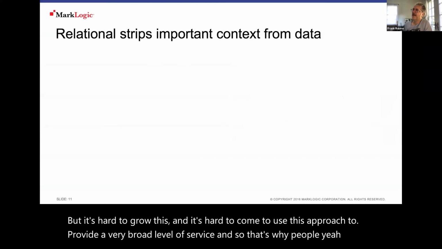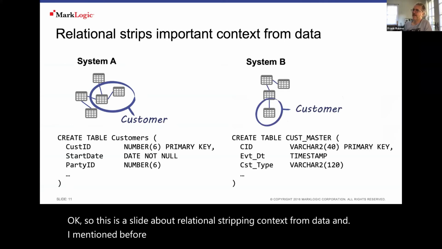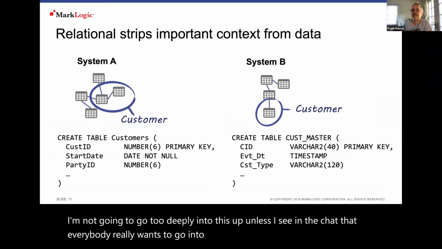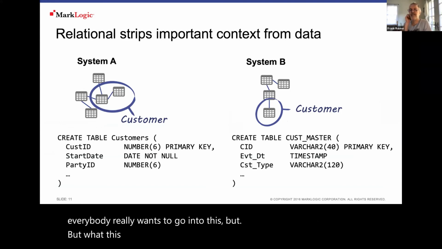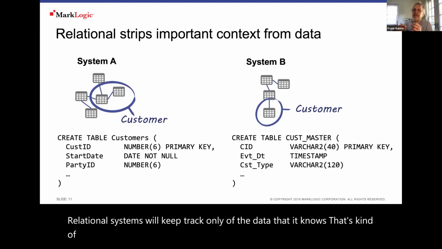Okay, so this is a slide about relational stripping context from data. And I mentioned before that the sales order was made up of these tables. I'm not going to go too deeply into this unless I see in the chat that everybody really wants to. But relational systems will keep track only of the data that it knows, which is limited in shape to its physical model.